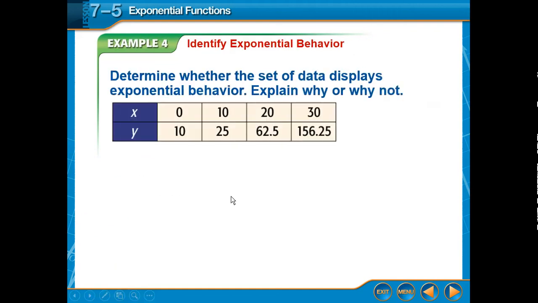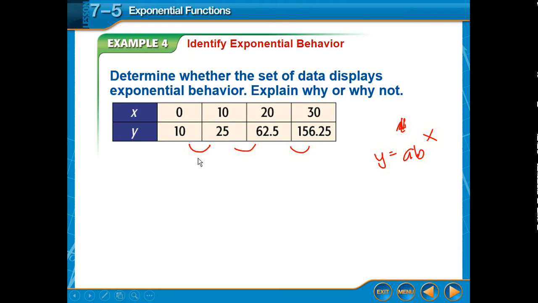Okay, we want to be able to identify if it's exponential. The exponential functions are the ones where you have a number a times b to the x equals y. Something that's exponential will have a constant being multiplied each time. So if there's a constant ratio, if I take 10, what do I have to multiply 10 by to get to 25?